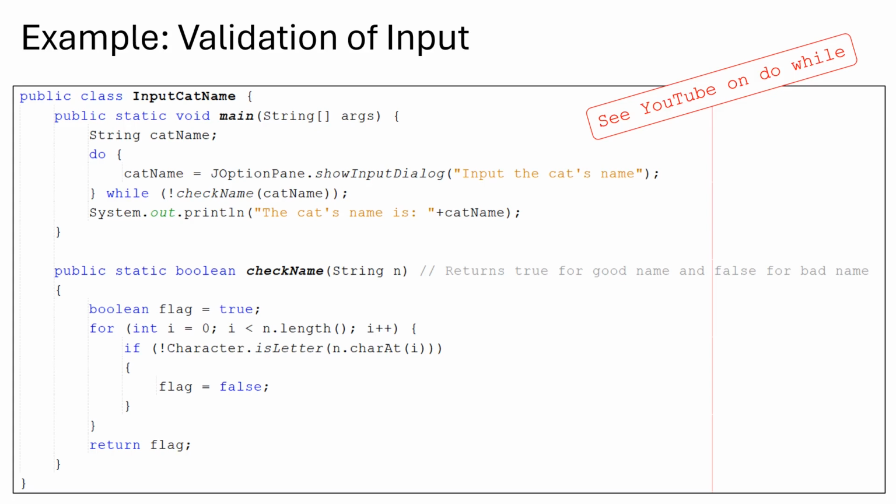And then obviously, as long as check name is false, so as long as the name is not good, we will keep forcing the user to input the cat's name again. And you can go and see my YouTube on the do while and see exactly how this works. So basically, at the bottom you can see there's a for loop, and we check every character in the cat's name, and if it's not a letter, we will make that check name return a false.